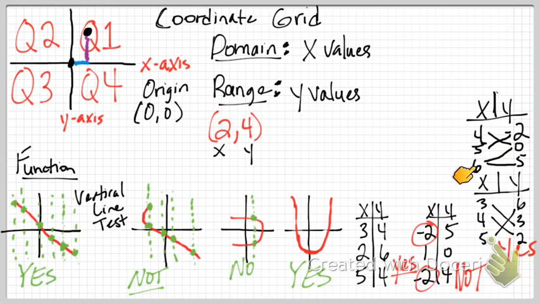So my x coordinate is 6, 5, and it is also 6, 0. So would this be considered a function? No, because there's multiple 6's.